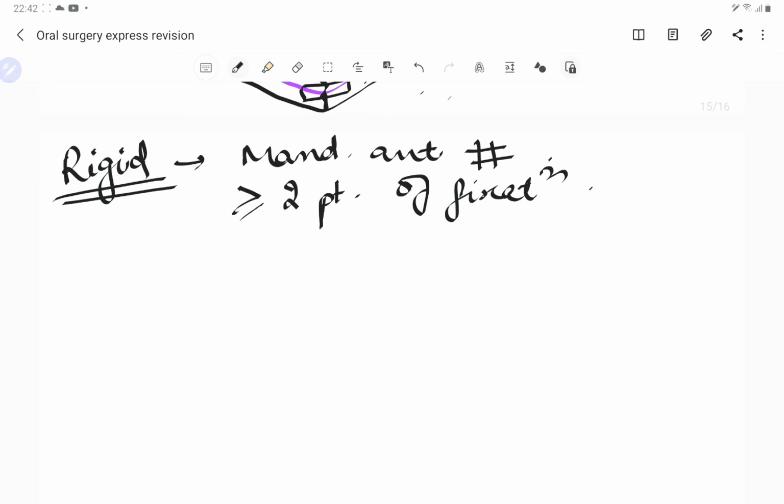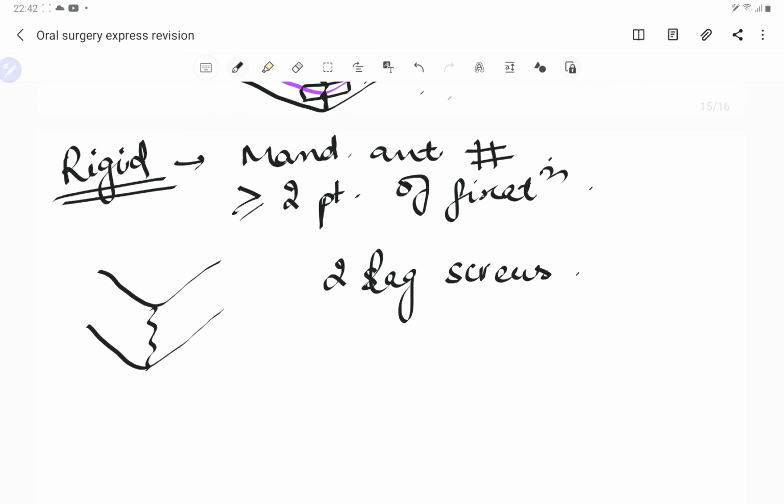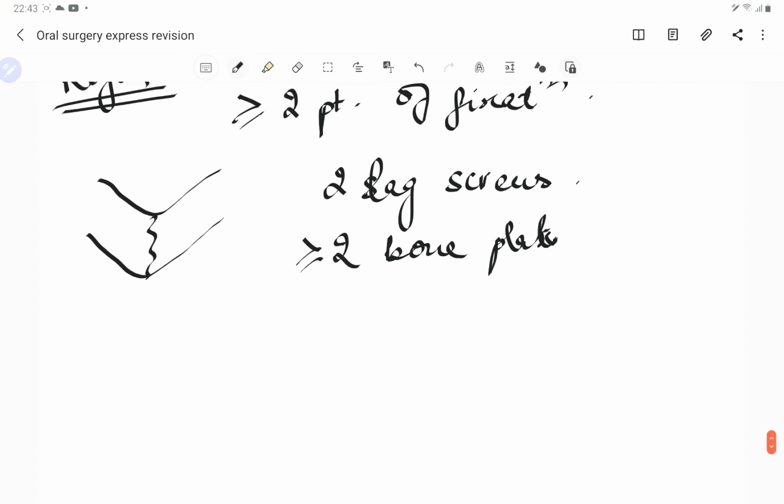If we are placing two things, either they are two plates, or one plate and one screw, or two lag screws, which we will be covering in this part of the lecture, or at least a minimum of two bone plates, or one plate plus one screw plus one lag screw. That is also going to work.